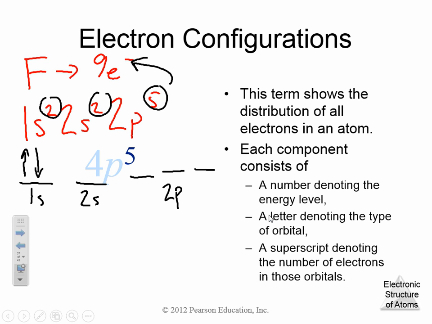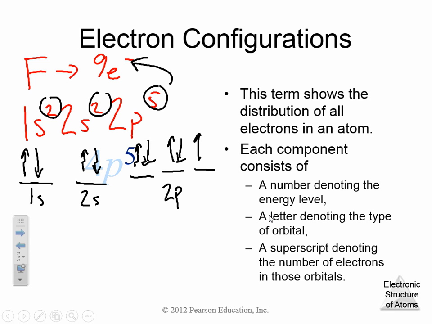We'll do the same for 2s2, up, down. Then for 2p, we have 5. We go up, up, up, because each orbital has to have 1 electron before you go back and put in a second. Then we come back and go down, down. And that is the orbital notation for fluorine.